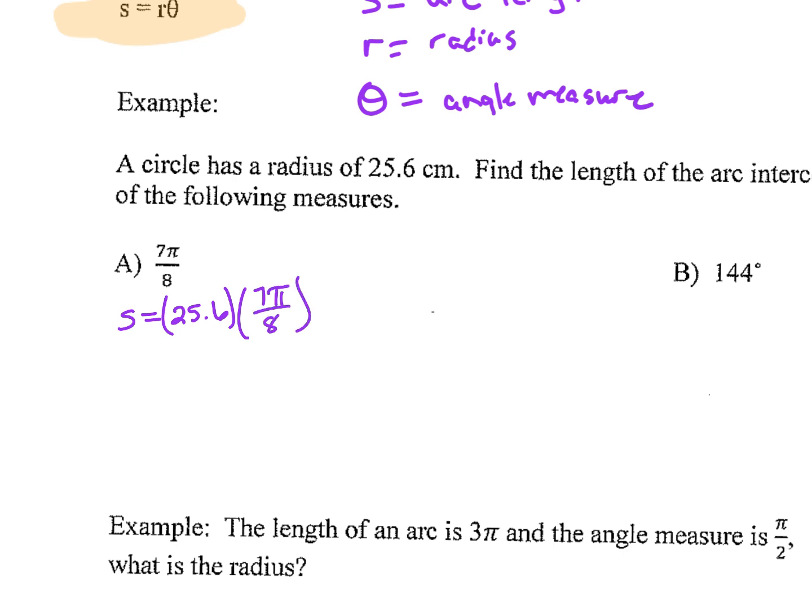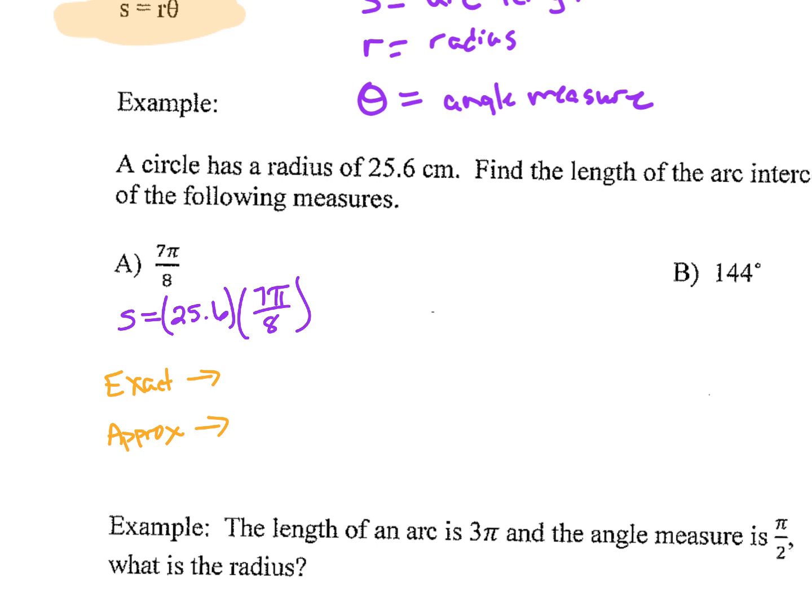Now, I will tell you that I will be asking for an exact answer, which means it should involve pi, and then a decimal approximation, which means you're going to plug in using your pi key and get a decimal. So let's look at both of those answers here.